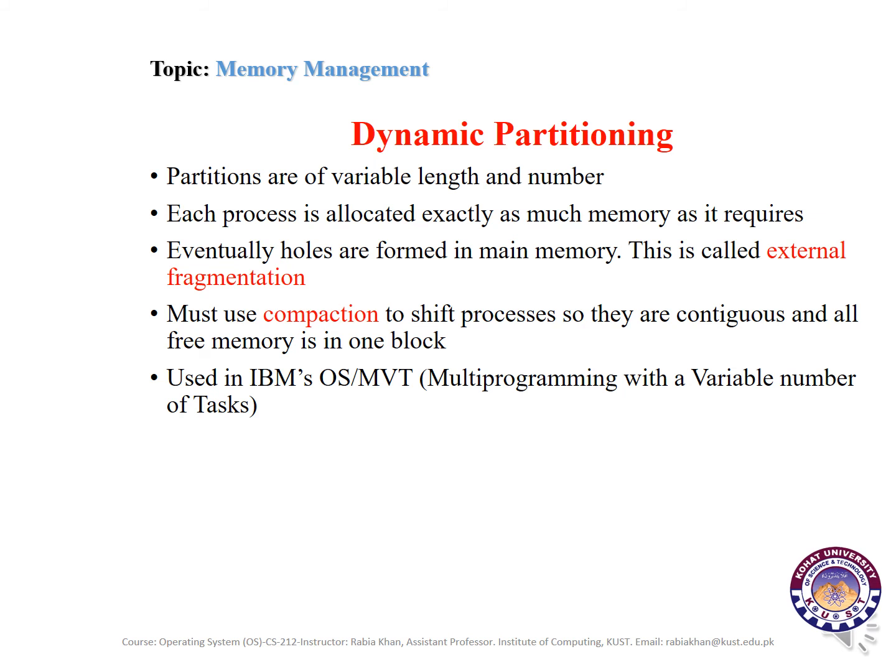Compaction will collect all the holes and make a big partition that is large enough to hold a process. IBM's multiprogramming with a variable number of tasks operating system implemented dynamic partitioning. You all will be implementing both fixed and dynamic partitioning practically.